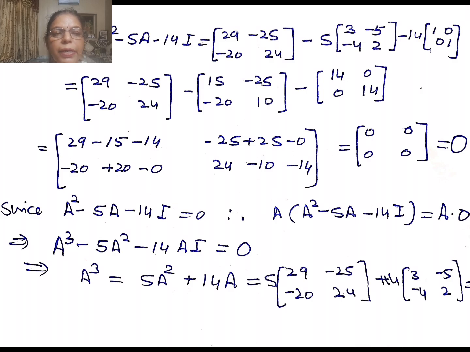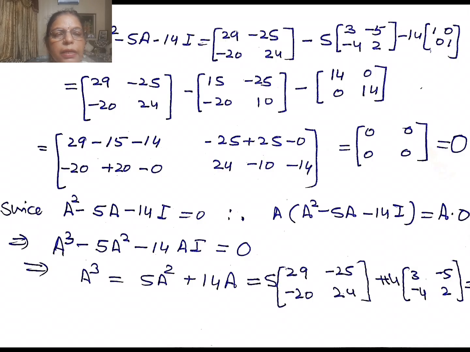Now adding and subtracting the corresponding elements of the matrix, we get 29 minus 15 minus 14 equal to 0, minus 25 plus 25 minus 0 equal to 0, minus 20 plus 20 equal to 0, 24 minus 10 minus 14 equal to 0. We are getting the zero matrix.